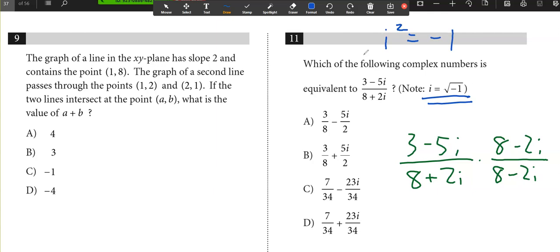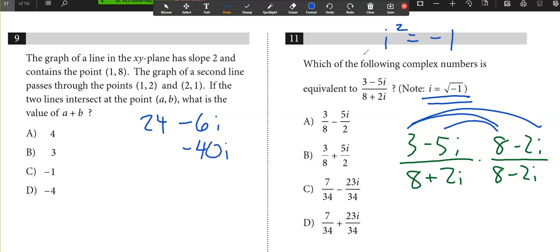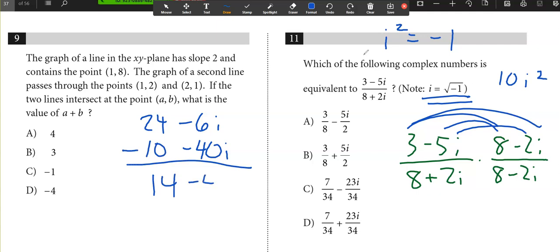Whether you like to do boxes or not, I've got 24 here, and then a minus 6i, and then a minus 40i, and then a positive 10i squared, but positive 10i squared is really the same thing as a negative 10. So the top of this fraction looks like this, 14 minus 46i.